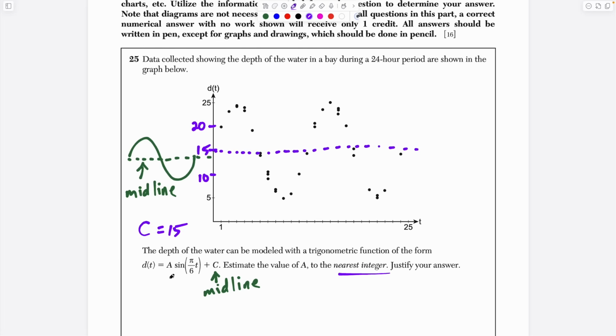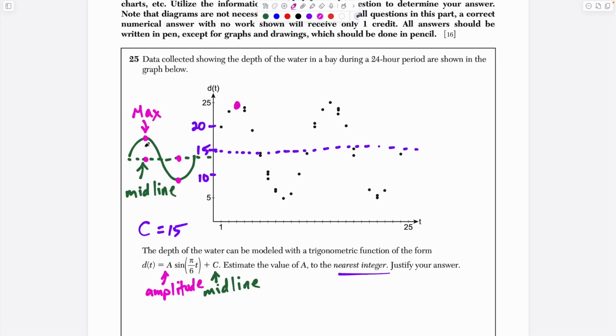Now, our a value represents the amplitude. Okay, so this here is the amplitude. And if we look at the graph, or we'll just think in general first, the amplitude is the distance from the midline up to the maximum. Or I could say the distance from the midline down to the minimum. Okay, so here, this is our maximum value. And in this graph, it looks like our maximum is reaching around 25.